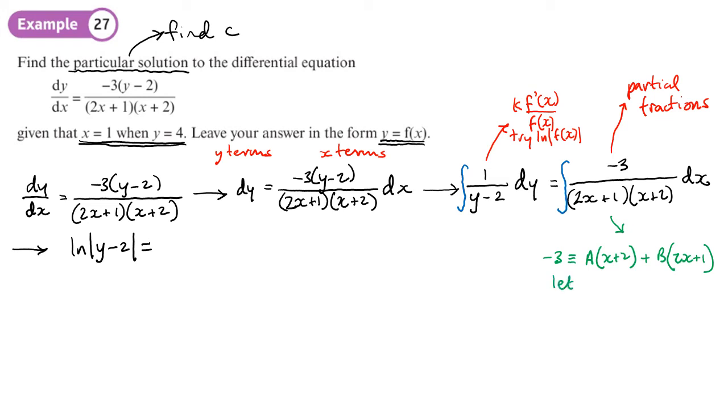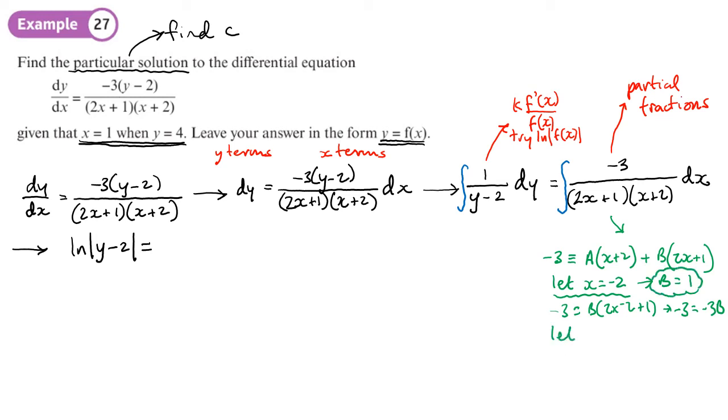So let's let x equal -2, so that would give me -3 equals B times 2 times -2 plus 1, so that would be -3 equals -4 plus 1, -3B. Okay, so that would give me B equals 1.